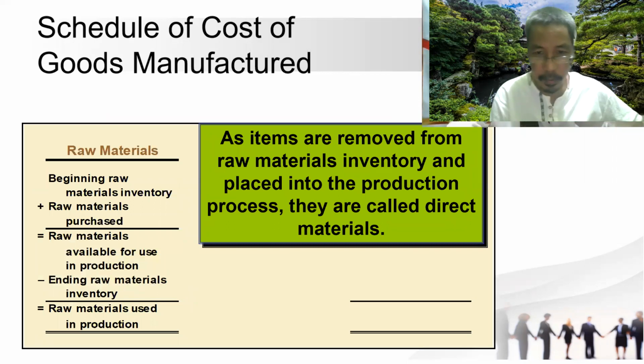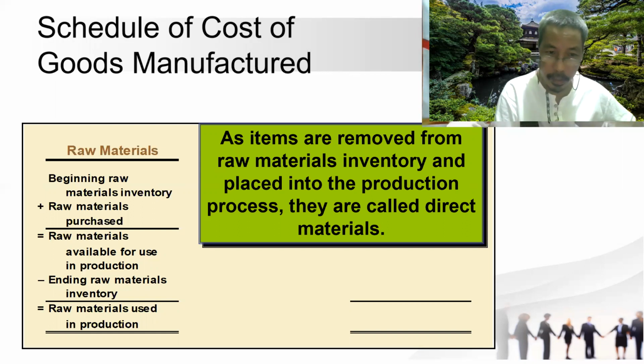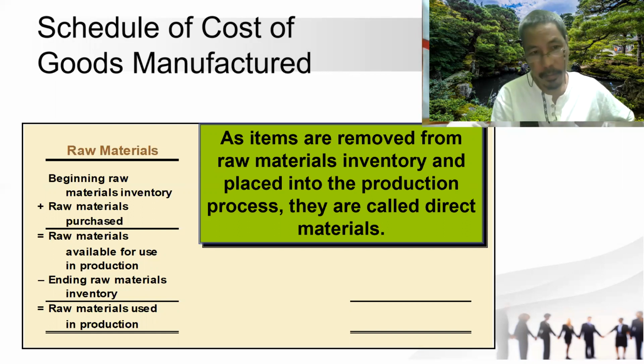Schedule of cost of goods manufactured. First, we take a look at the raw materials. Beginning raw materials inventory plus raw material purchases is equal to raw materials available for use in the production line, minus ending raw materials inventory, and therefore we have what? Raw materials used in production.